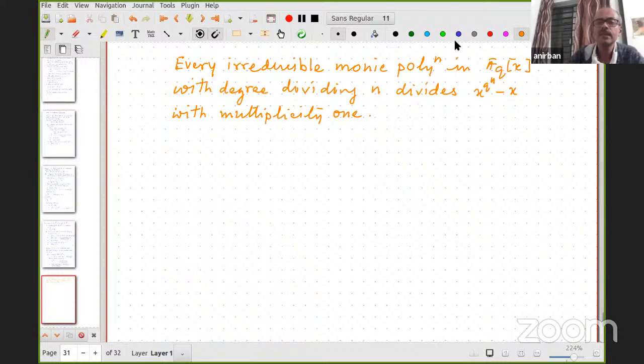So we can write it in notation. That is our main result so far.